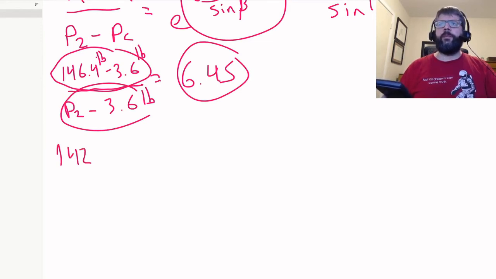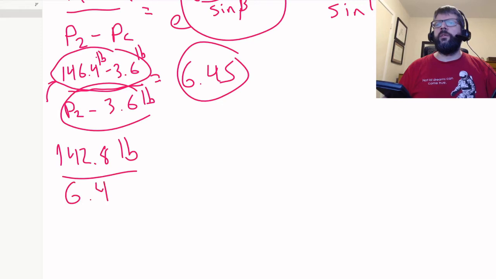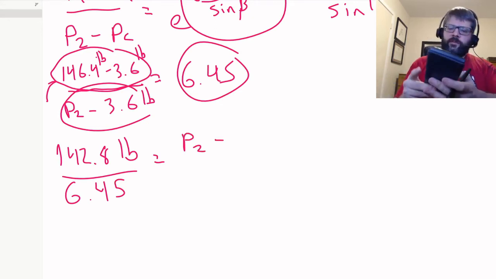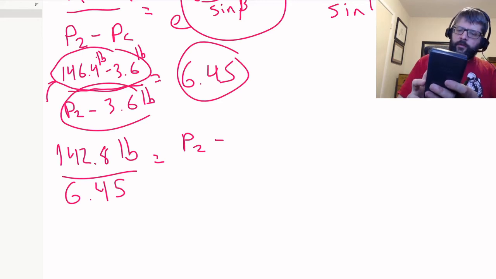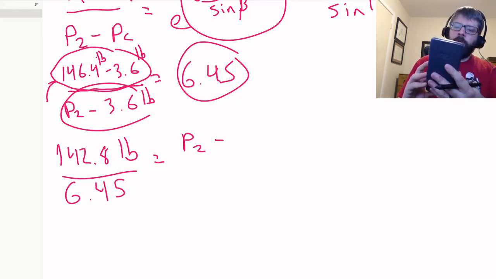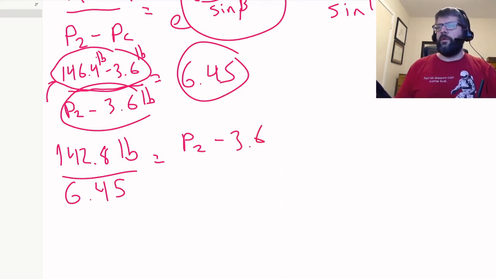That's this term up here, pounds divided by 6.45. That's going to be equal to P2 minus 3.6. So solving for P2, we get 25.7 pounds.